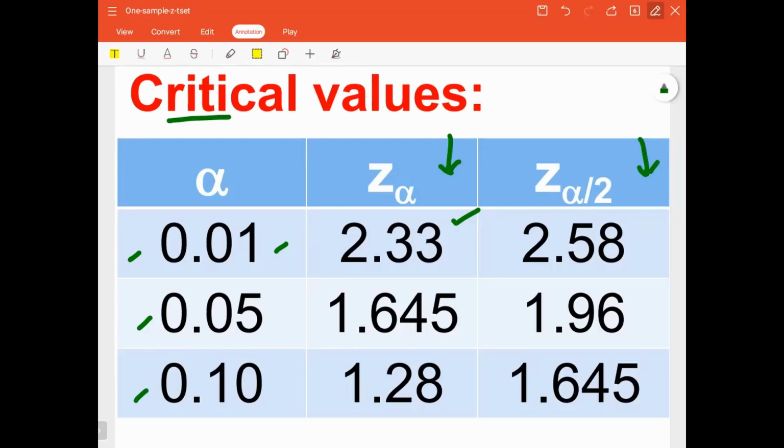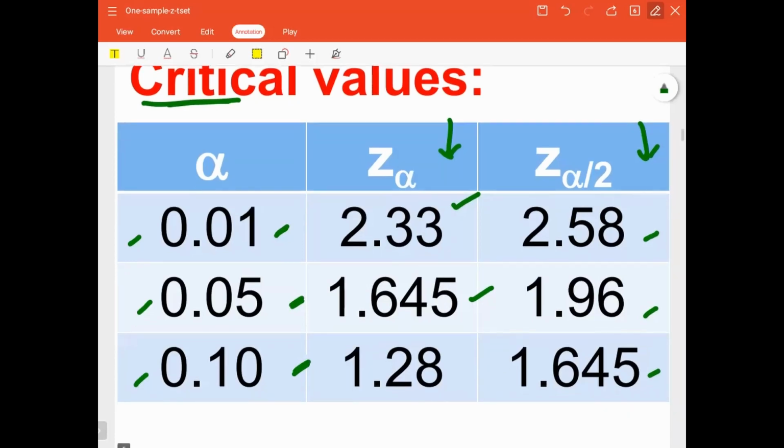Pero since ito lang naman yung kailangan natin dun sa table na yun, I have presented these possible values dito para mas madali nyo nang ma-determine kung ano yung gagamitin. Again, when alpha is 0.05, then we'll just have this critical value for a one-tailed test, 1.645. Alpha is 0.10, then we have 1.28. On the other hand, when the test is two-tailed, then these are the critical values corresponding to these three standard values of alpha. Again, alpha being the level of significance, right?